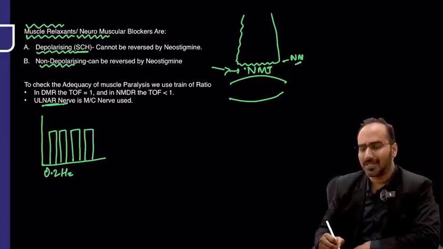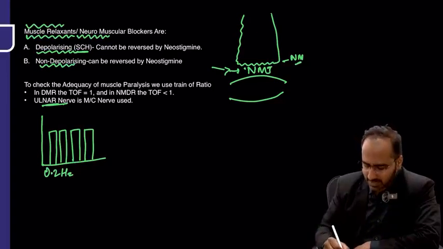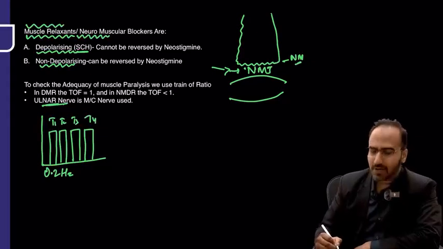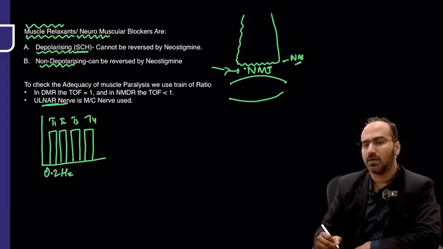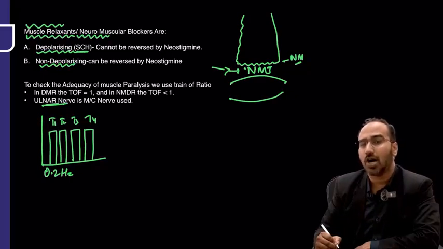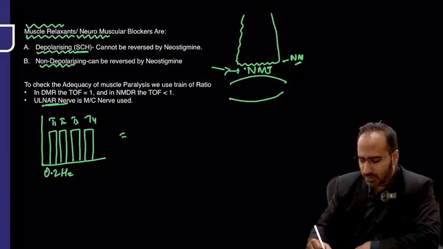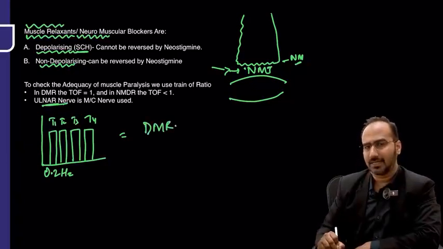If you are getting this response, remember, this is the first twitch, this is the second, this is the third, this is the fourth. Okay? If you are getting this response, that means what? Either the muscle has not been relaxed, or you have used a depolarizing muscle relaxant.